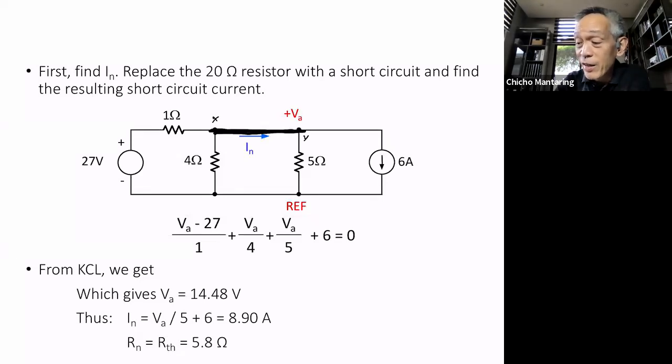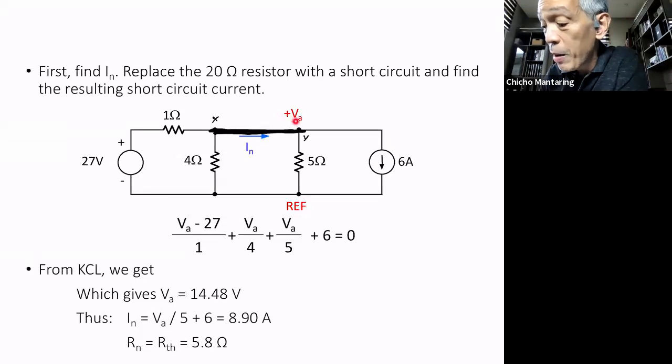Again, like I said, when all else fails, try nodal analysis. This is one node. Our objective here is to compute for V sub A. You apply KCL to this node. What's my KCL equation?